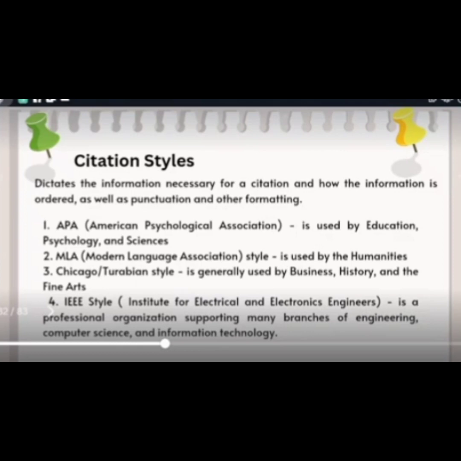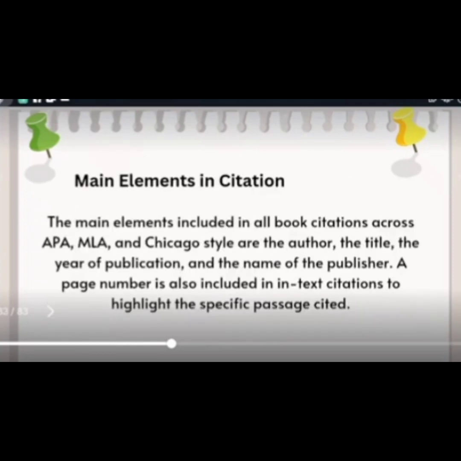Alright, moving forward. So we have main elements in a citation. So what should we see in a citation? Across MLA, APA, Chicago Turabian style, and IEEE, what is important to note is that the author, the title, the year of publication, and the name of the publisher is present in each citation style, right?